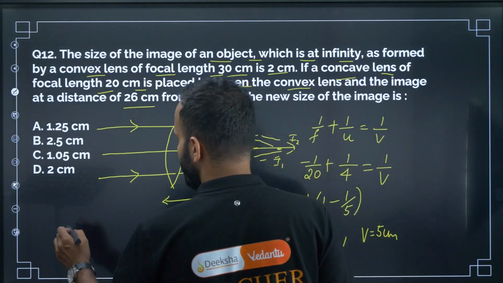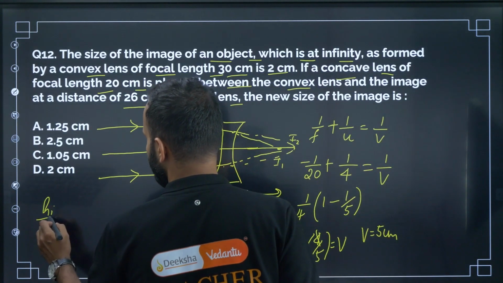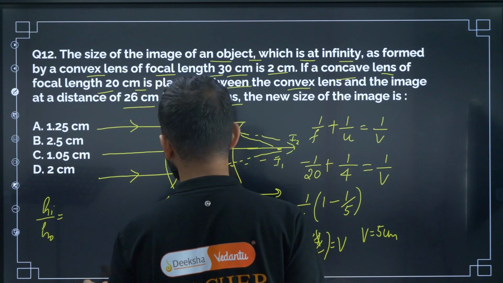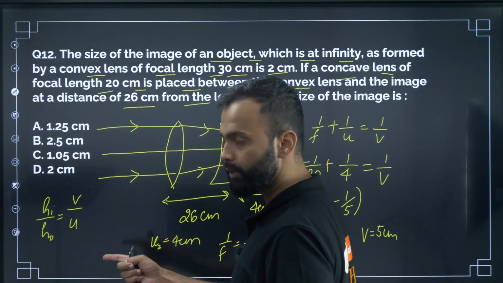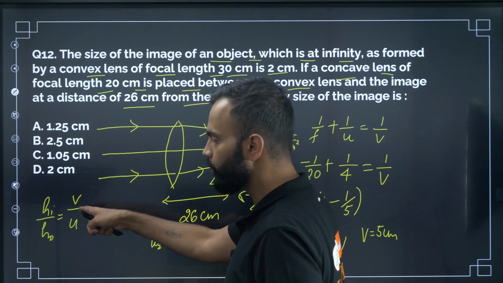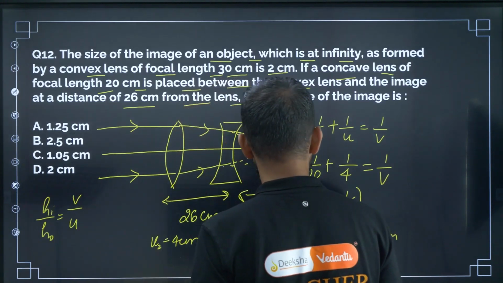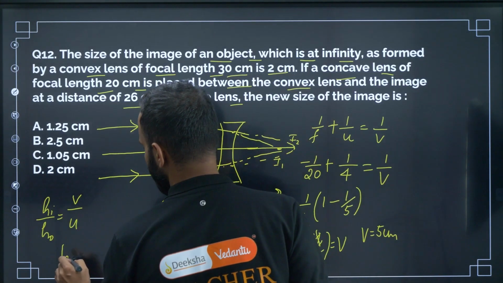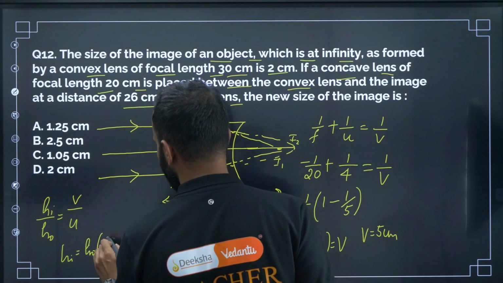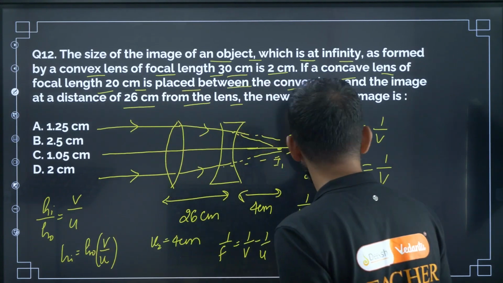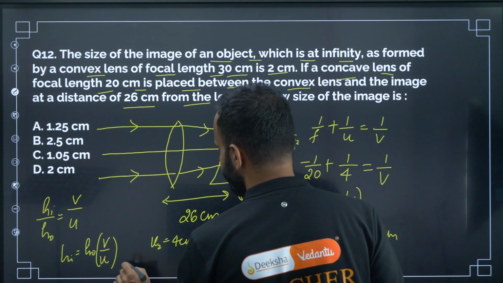So height of the image divided by height of the object is equal to V divided by U. Height of the image by height of the object is magnification. Magnification of the lens is equal to V by U. So height of the image, which we need to find, is equal to height of the object into V divided by U. Now substitute the values.